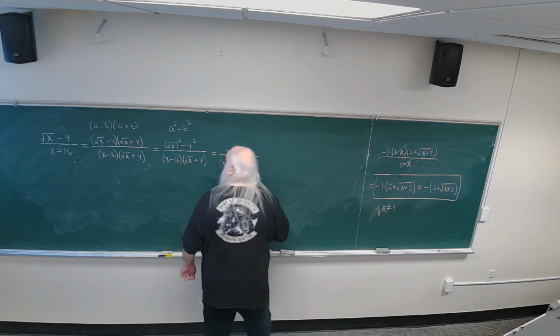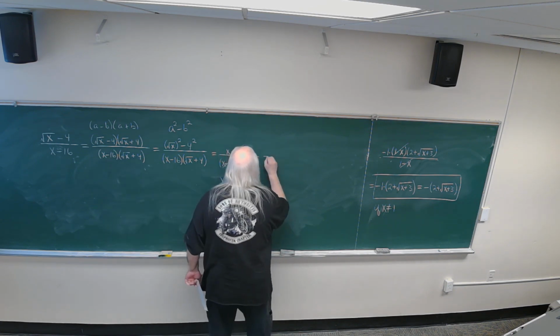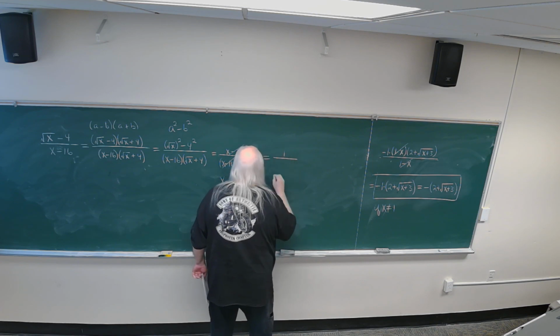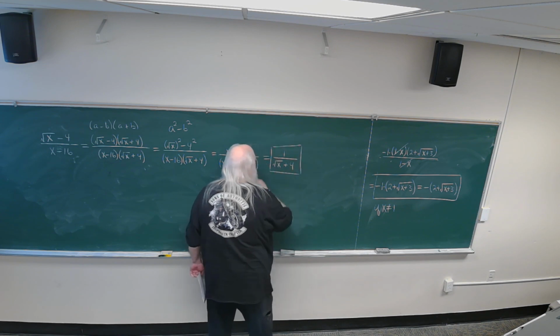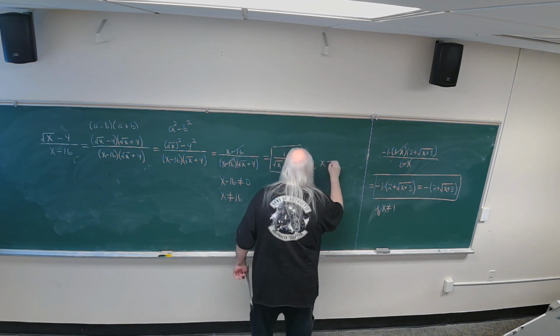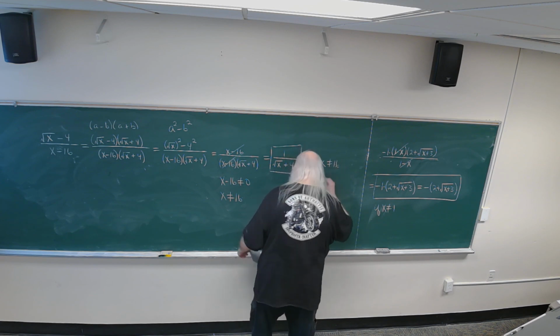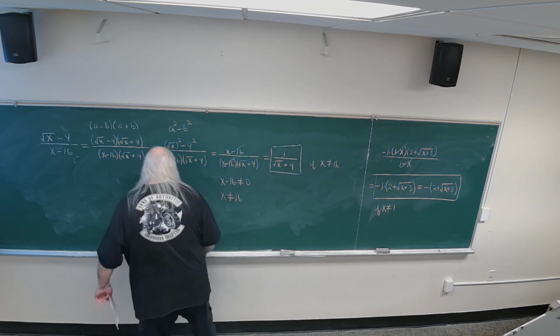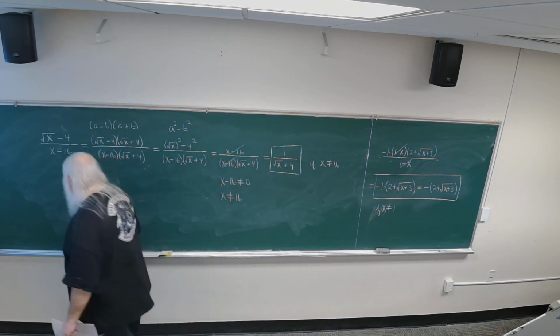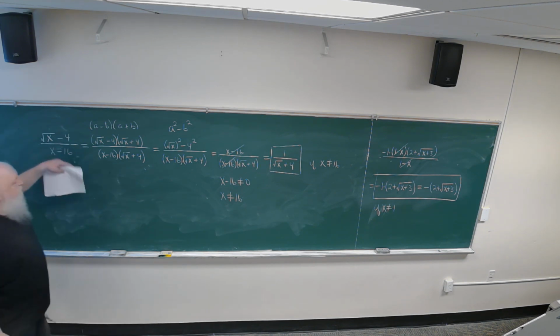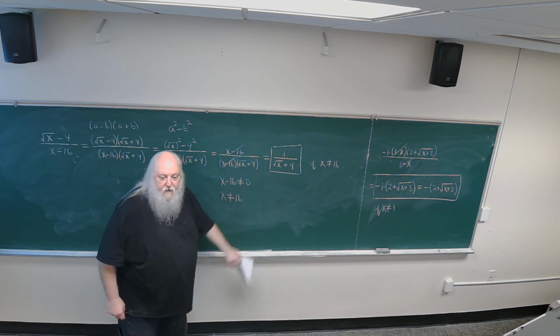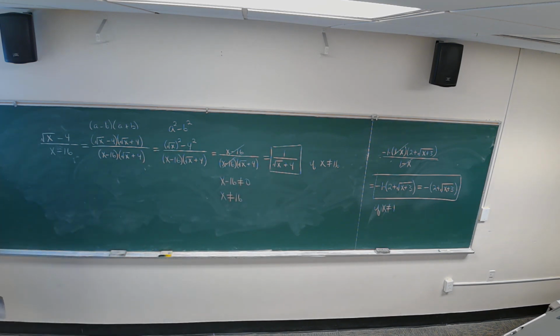So this original quotient simplifies to 1 over the square root of x plus 4, provided x doesn't equal 16. So we got rid of the square root in the numerator, but now we have it in the denominator. Okay. Any questions on how we did that?